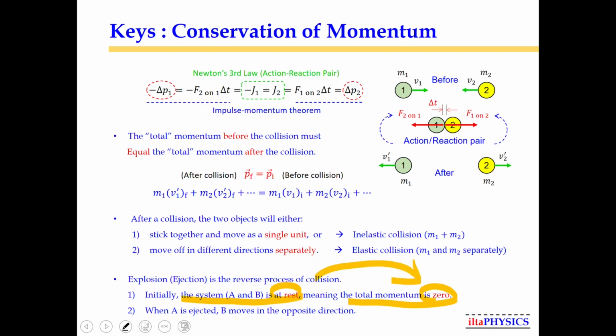If object A is exploded or ejected, object B will move in the opposite direction. Remember that in explosions or ejections, the two objects generally move in opposite directions. Please keep in mind that the two objects moving in opposite directions means that the calculated velocity values for each object will have different mathematical signs.